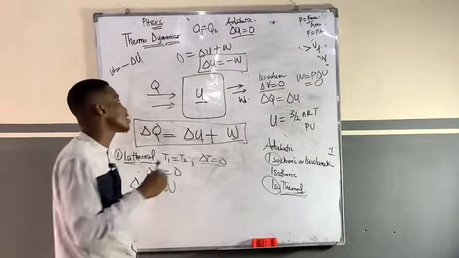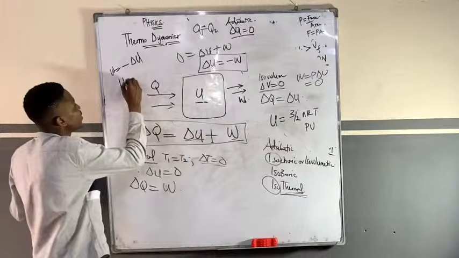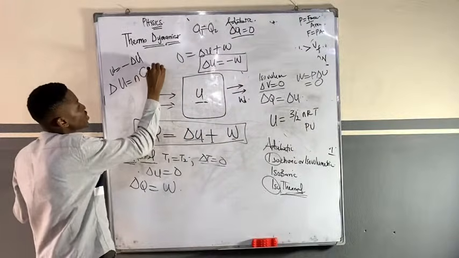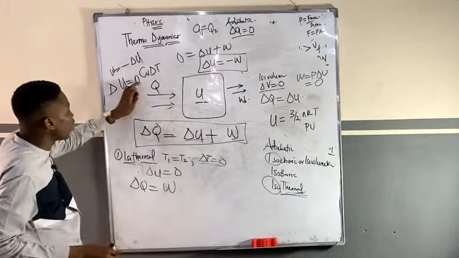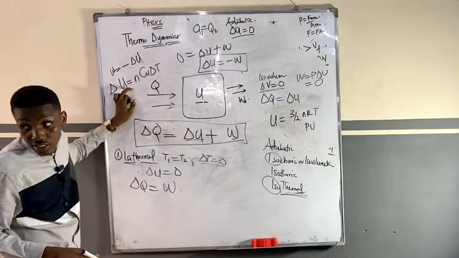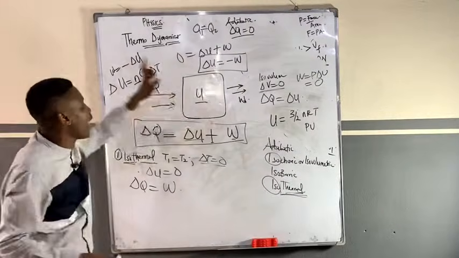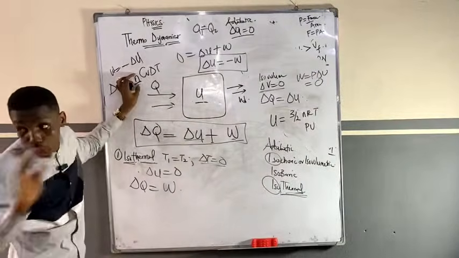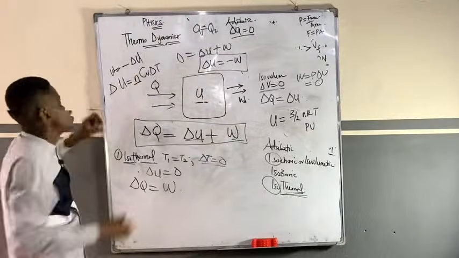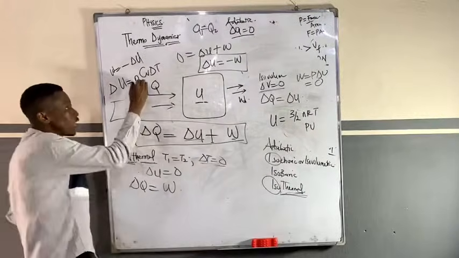So like in this case, change in internal energy is nCv change in T. Classically, I know of course if this value is changing, whatever value you have here should also change, right? But the way I'm writing it, when I'm dealing with a system, I assume that system does not change, it is a closed system, so there should be no loss of matter. So this thing will not be affected.